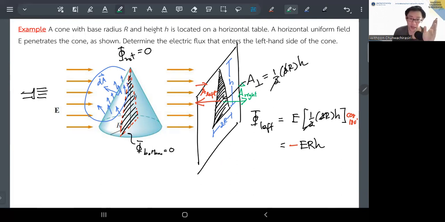So on that surface, on the right-hand side, you have a positive flux, but the same value, E R H. So if you take the sum of the two, you're going to get net zero flux. But because this problem only cares about the left-hand side, it's a negative E R H and you are done.